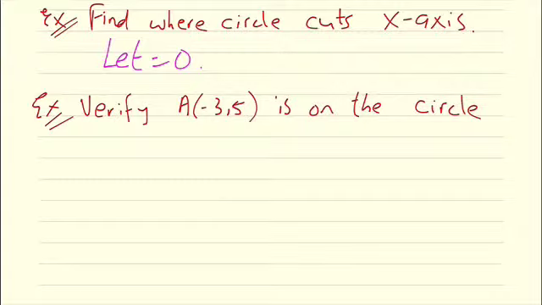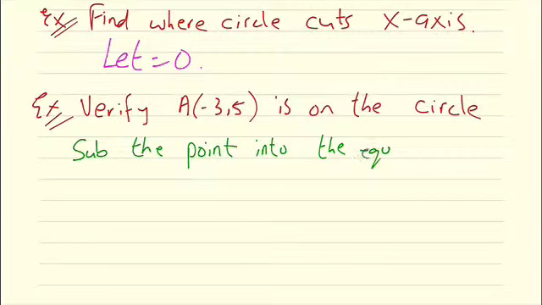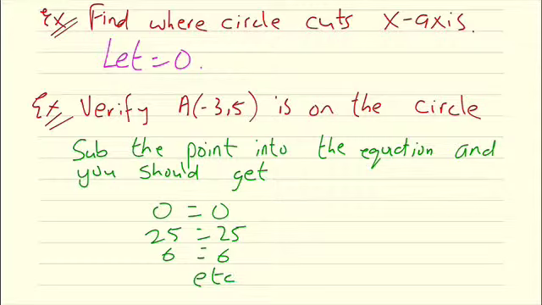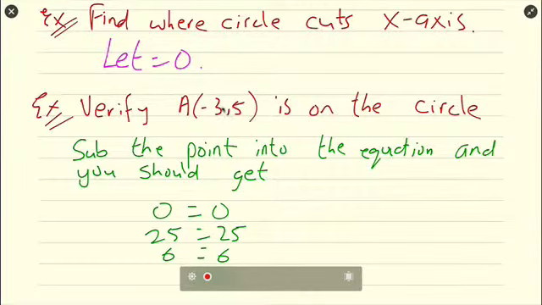Okay, all you do is sub the point into the equation, and you should get 0 equals 0, or 25 equals 25, or 6 equals 6. So you sub that point into the equation and you should get some number on the left equal to some number on the right.